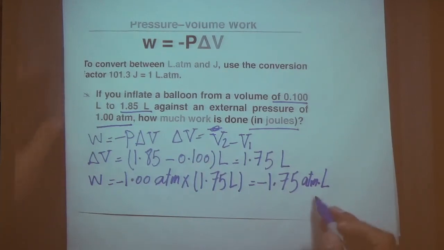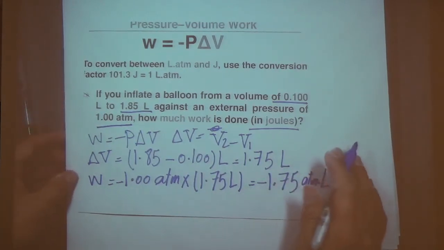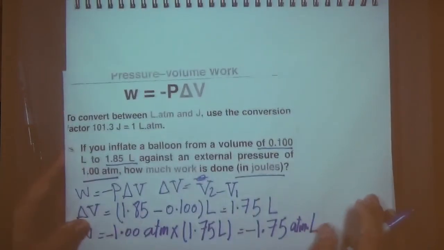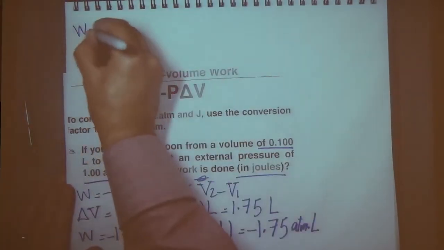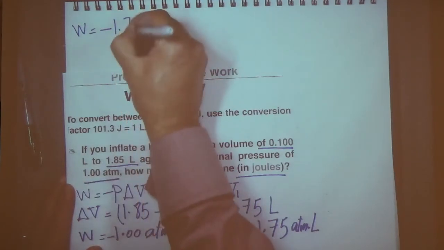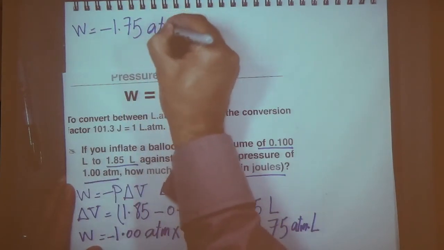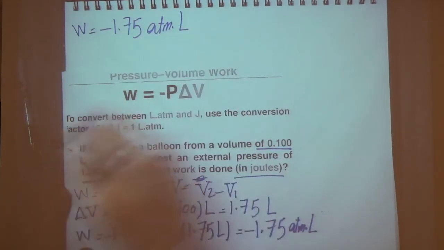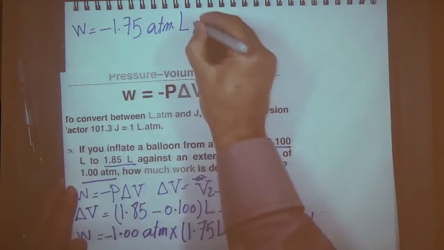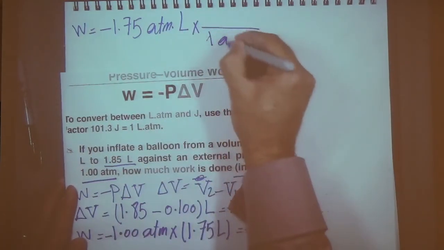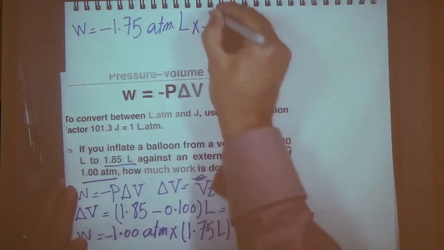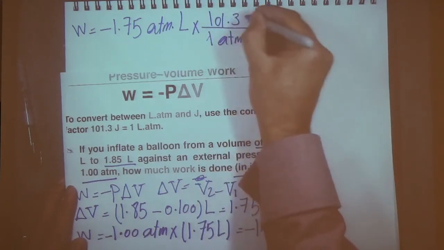Now, I need to transfer this one to joule. So work is equal to minus 1.75 atmosphere liter, multiplied by 1 atmosphere liter equal to 101.3 joule.